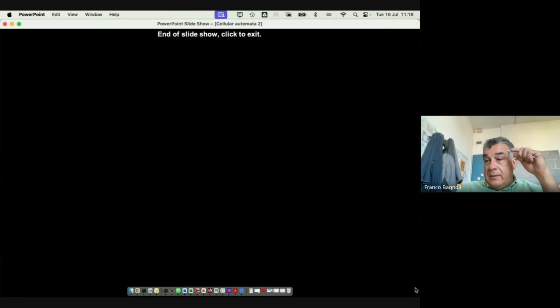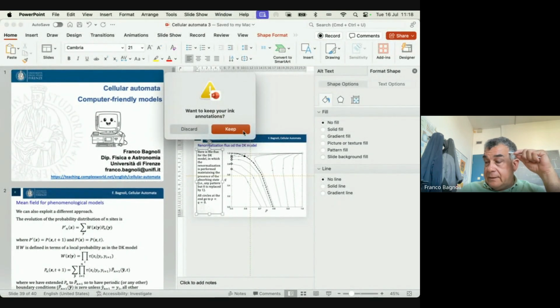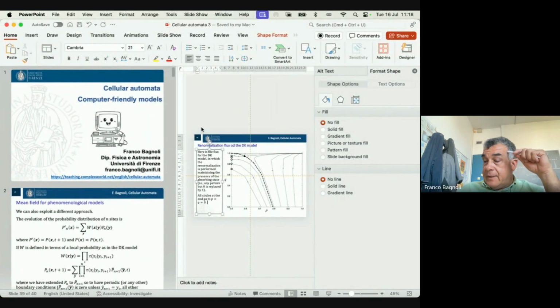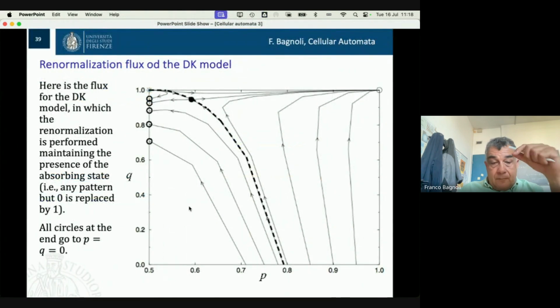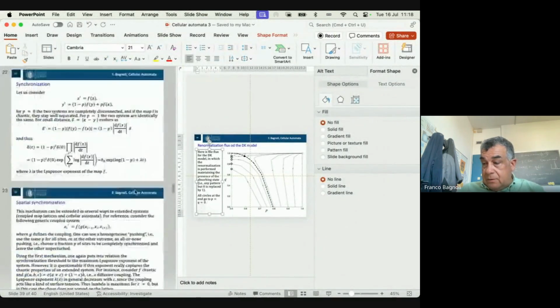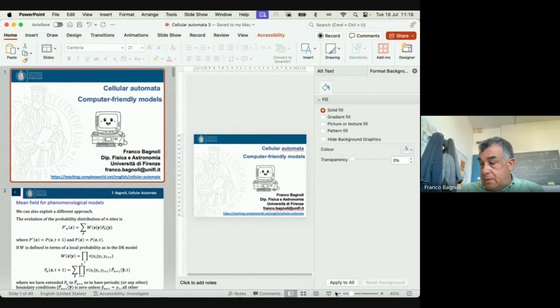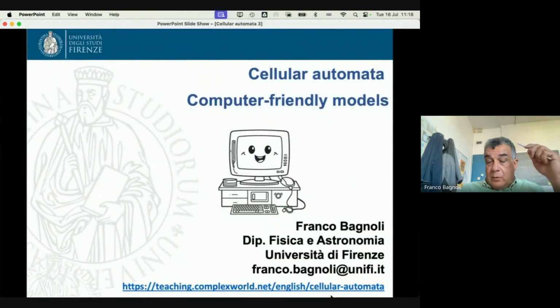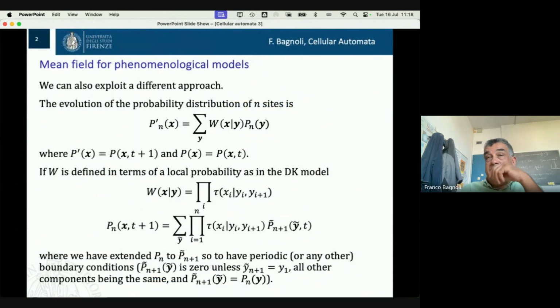Okay, so this is just for making a recap of what we did in the last lesson. And now let me go to the beginning. We would like to explore other aspects of the system.